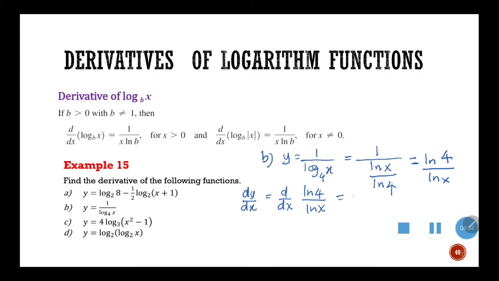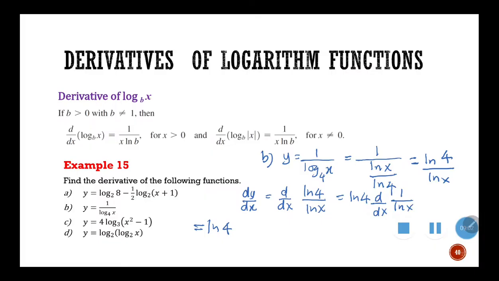And again, ln 4 is only a constant, so put it outside. It is just the derivative of d dx of 1 over ln x. Be careful, here we have not differentiated ln x yet. This looks a bit suspenseful, differentiating 1 over ln x, but worry not.